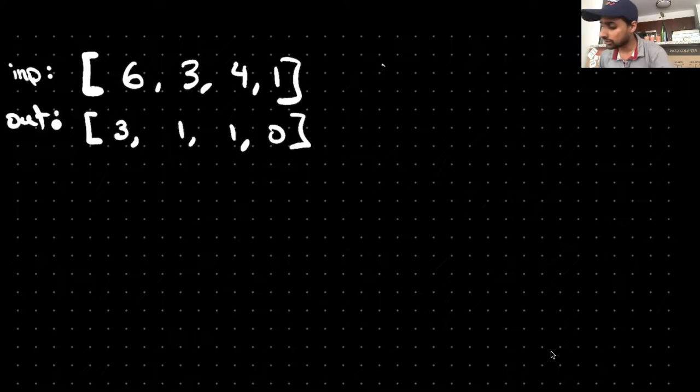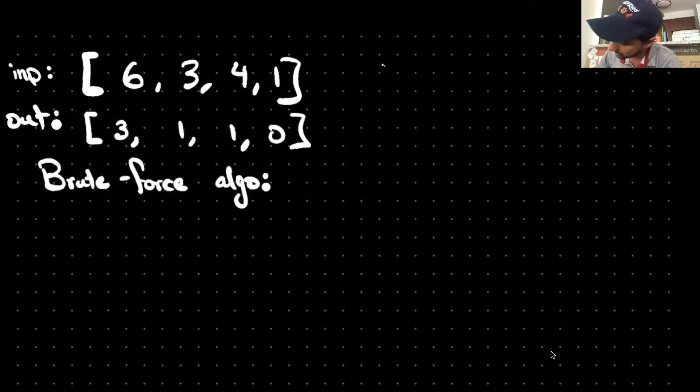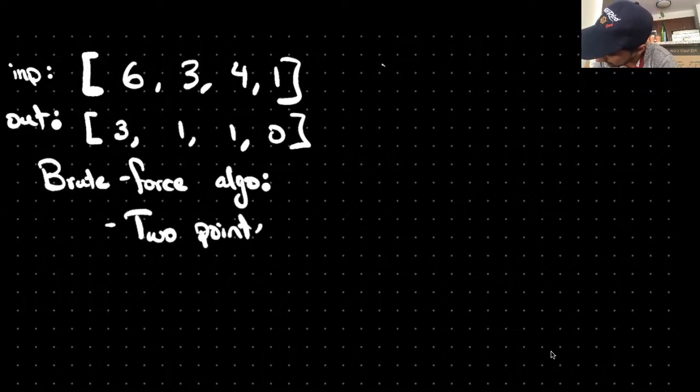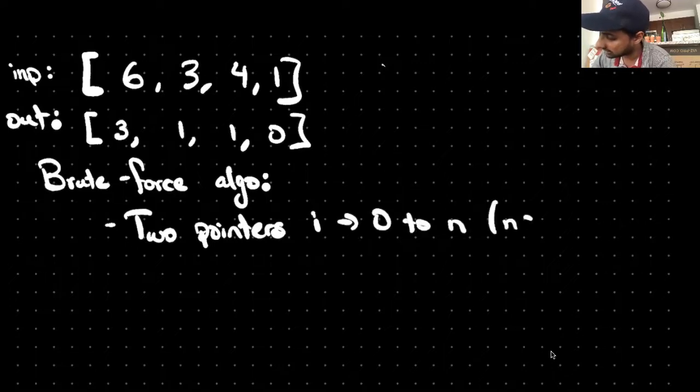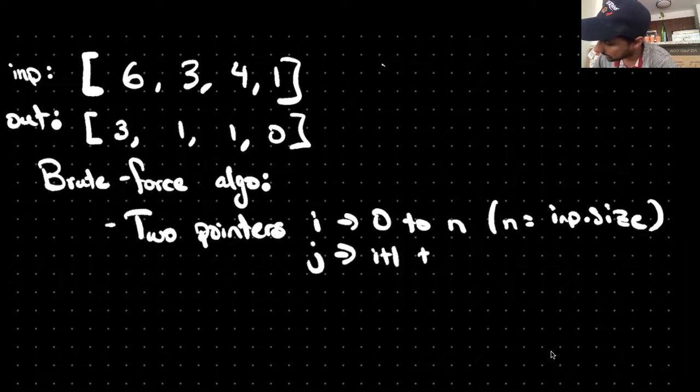So in order to do this, we have our brute force solution. Really quickly, our brute force algorithm that we were thinking about in class was basically 2 pointers. So you have i that goes from 0 to n, where n is the size of input. And then you have j, which goes from i plus 1 to n.